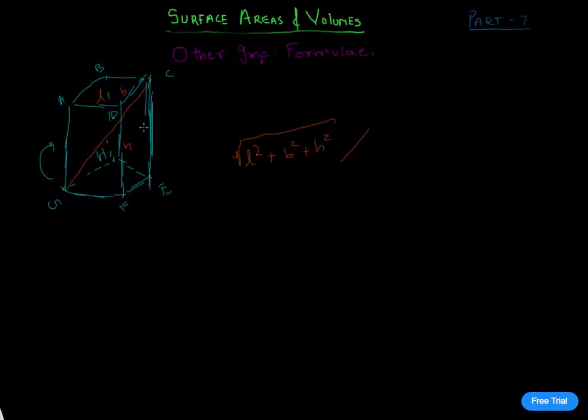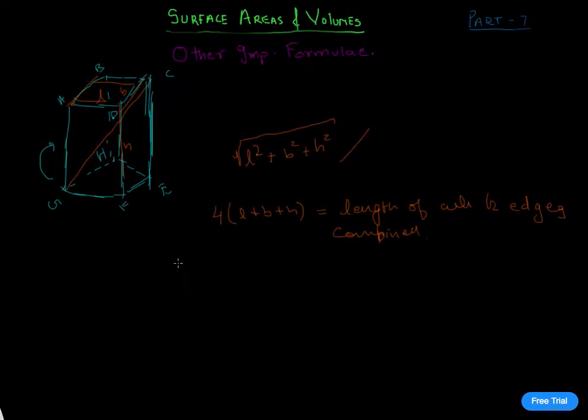So this formula will be 4 times L plus B plus H. This is the length of all 12 edges combined.